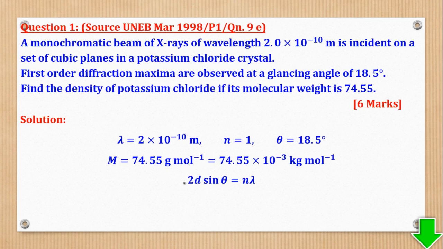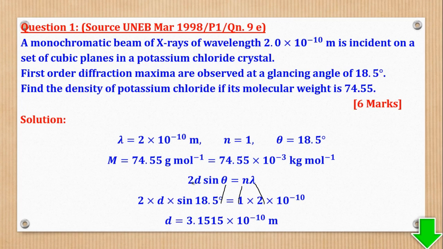Therefore, from Bragg's law, we shall have this, then we substitute. When I substitute for theta and lambda, I'll be able to get the value of d, which is the spacing. But here they want the density of potassium chloride.